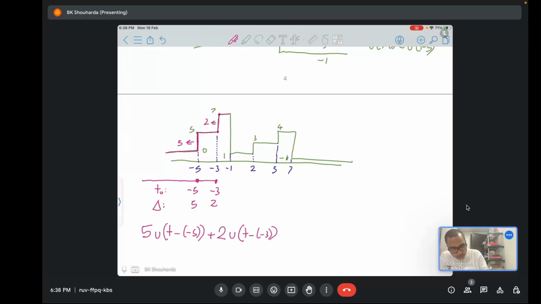I continue, encounter another discontinuity, but this is a fall. What is the height of this fall? 1 minus 7, minus 6. Keep the sign in mind, okay? So minus 6 u t minus of minus 1.